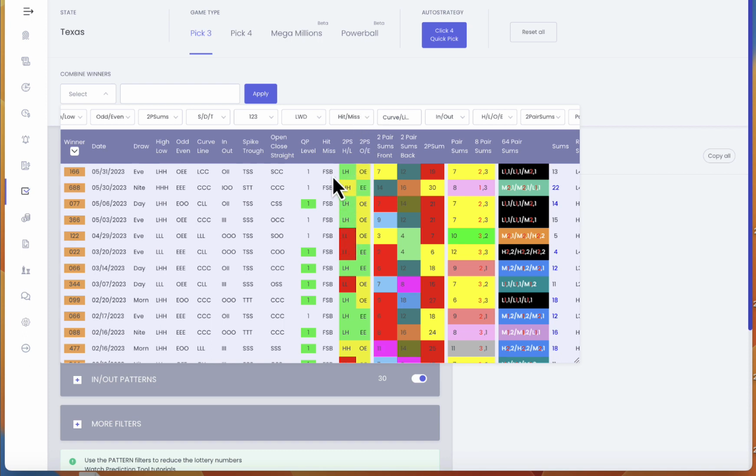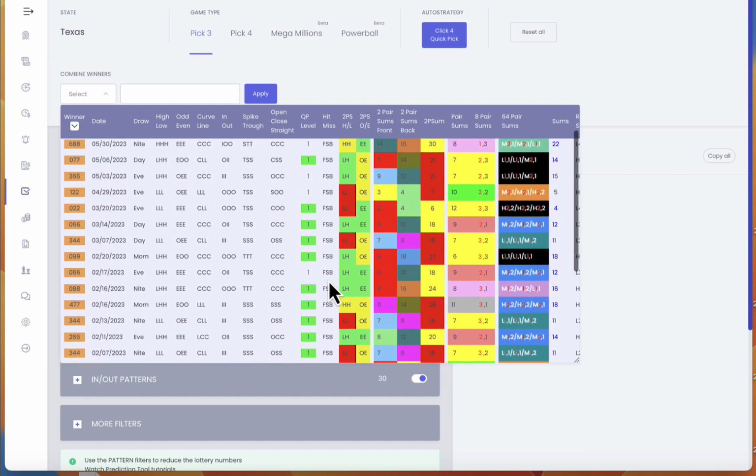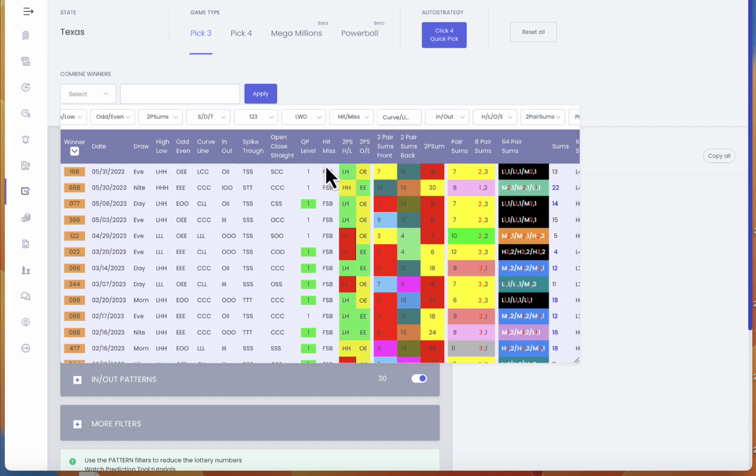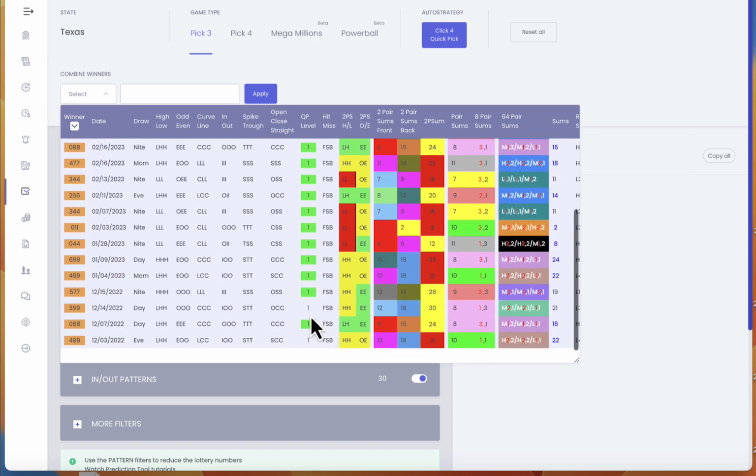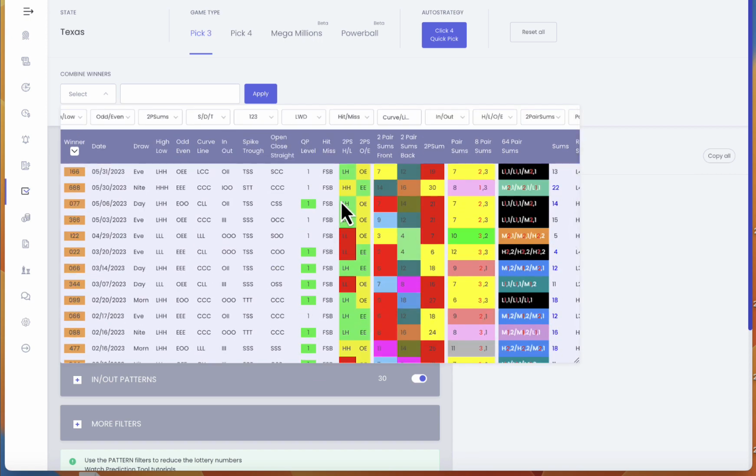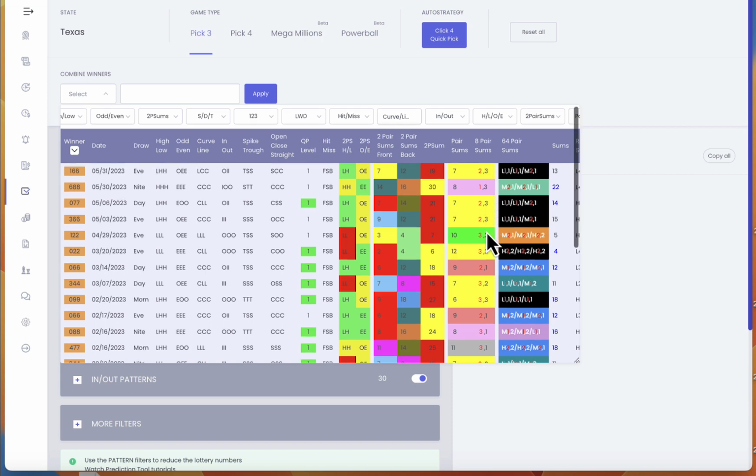So if you look at this, right, you've got it all isolated here, and this is still on level 1, right? And it's showing you here, you're on level 1. See that? Quick pick level 1. They're all level 1, the default level. Look at 8 pair sum here. Look at the black digit, right, on the right, the second digit. You got 1, 2, 3, 4. 4 3-digit back-to-back in a row.